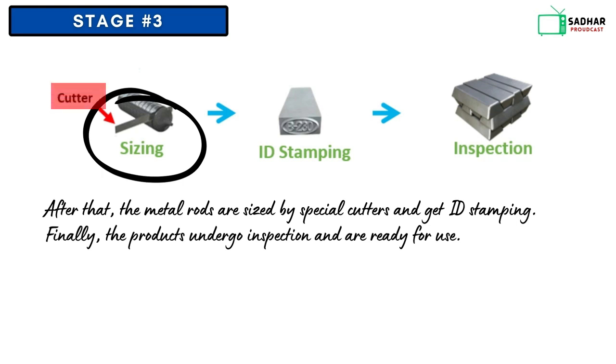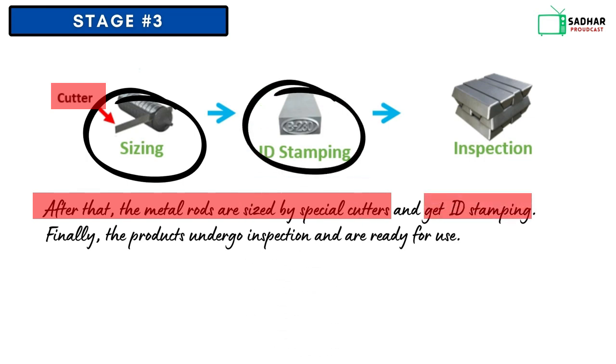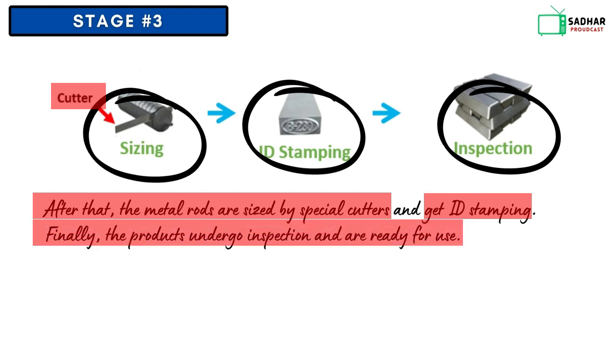Then we have cutter. So we can write, metal rods are sized by special cutters. The next step is ID stamping and get ID stamping. And then this is the last step. Finally, because this is the end of it, the products undergo inspection and are ready for use.